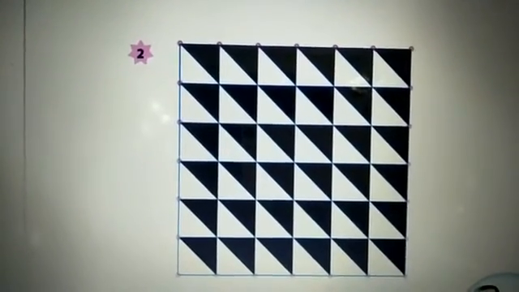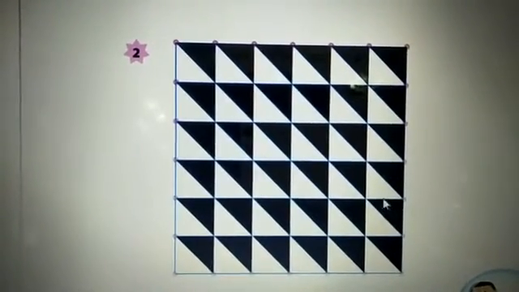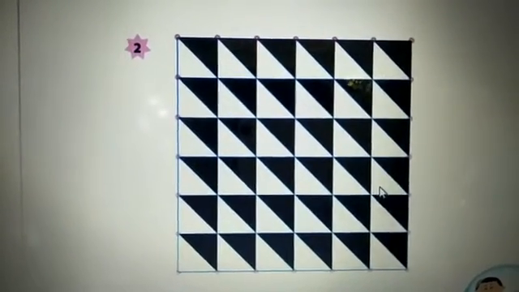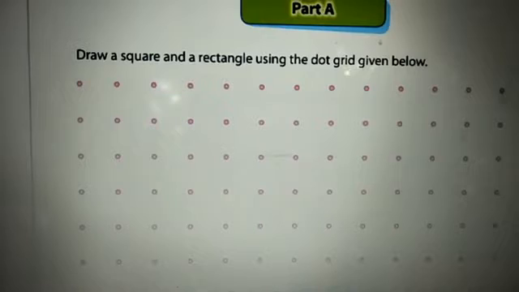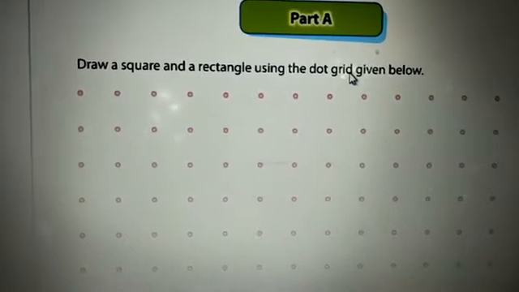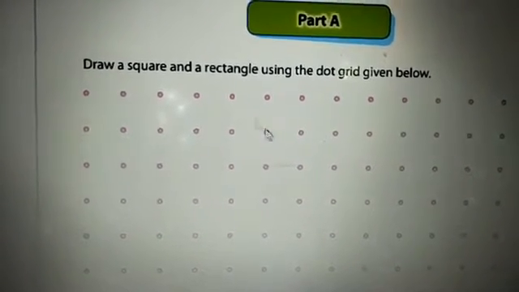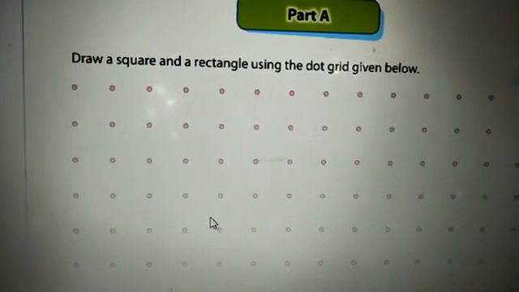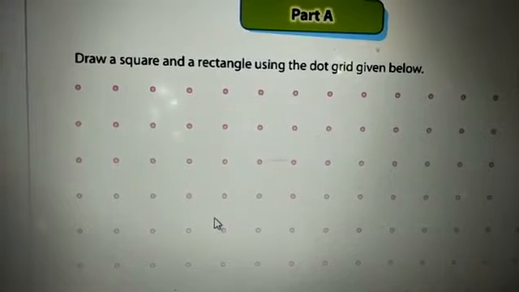Children, I show the answer for you. This is your answer. Like this you make a pattern, children. The next exercise, draw a square and a rectangle using the dot grid given below. This is your wish only. You can take any dots and you can make a square and a rectangle.